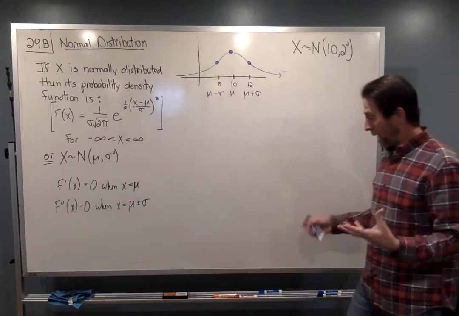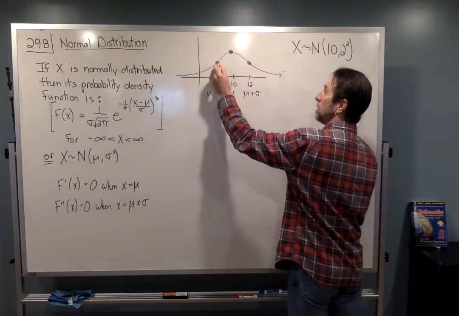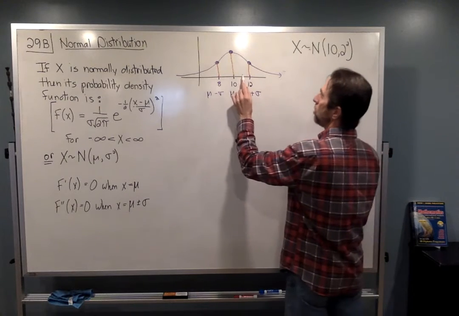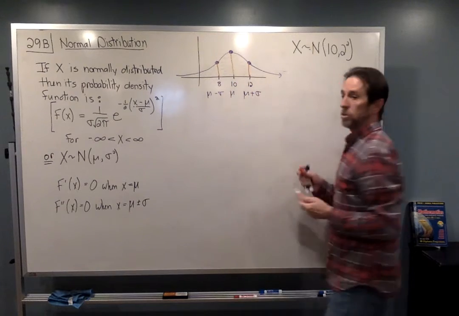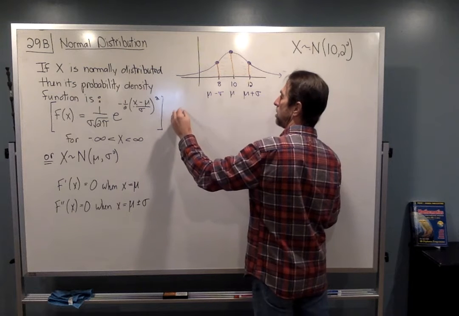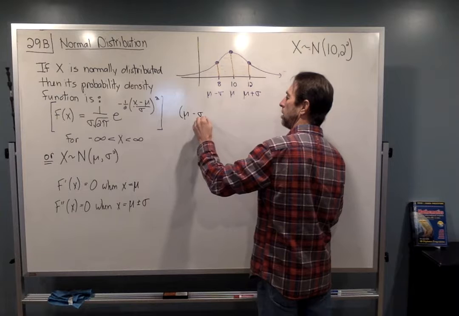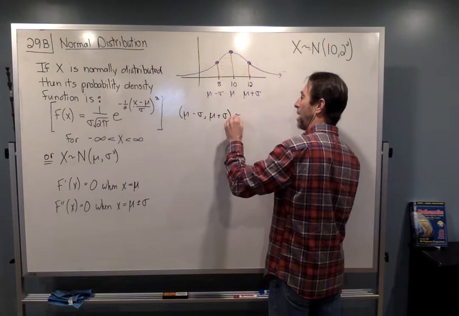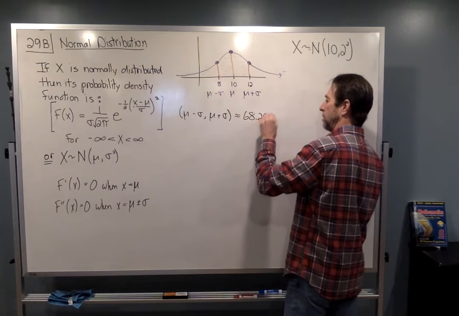Now, without knowing anything else about this, and this is how you might have used this in previous courses, if I just section this off into these little pieces, we know something about the areas of each of these little sections. More specifically, the area between mu minus sigma and mu plus sigma is about 68.26%.